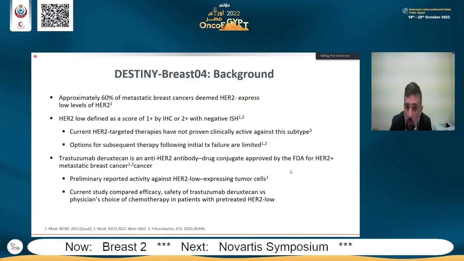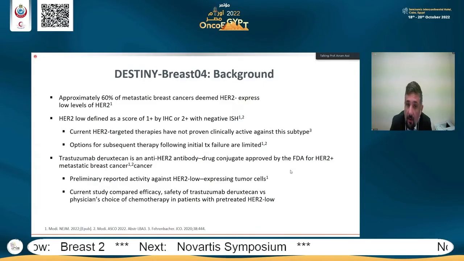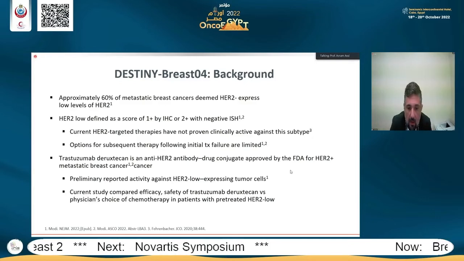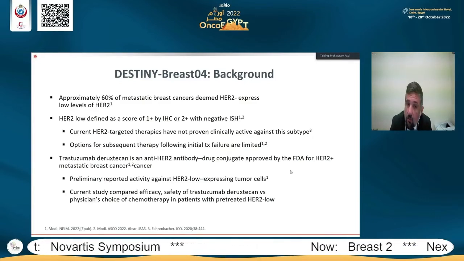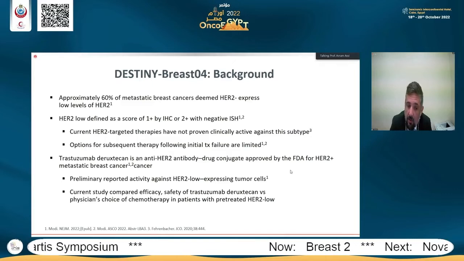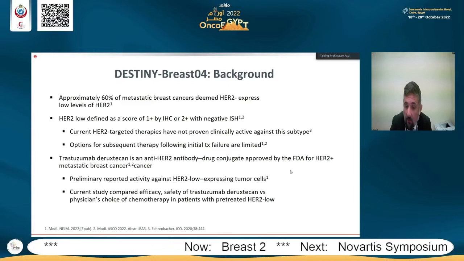So, what is the background of this trial? In recent years, the development of a new agent, trastuzumab deruxtecan, has changed the treatment landscape for HER2-positive breast cancer.